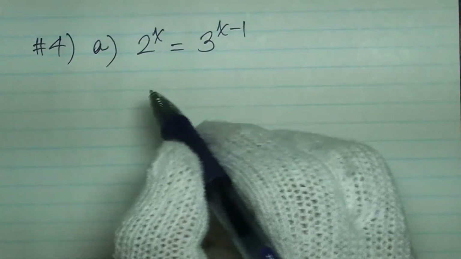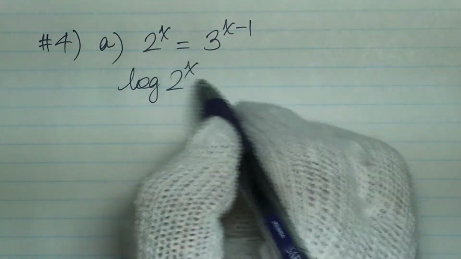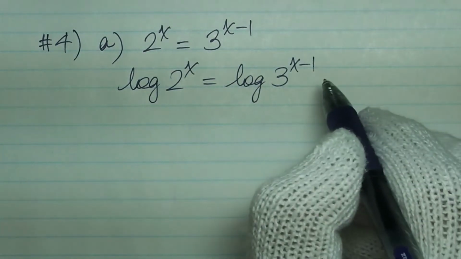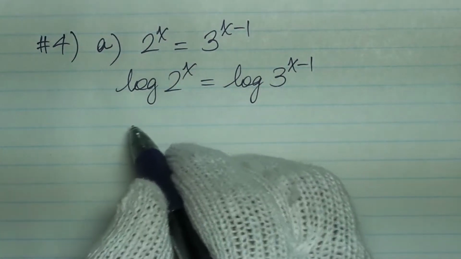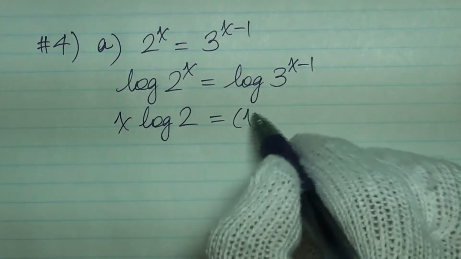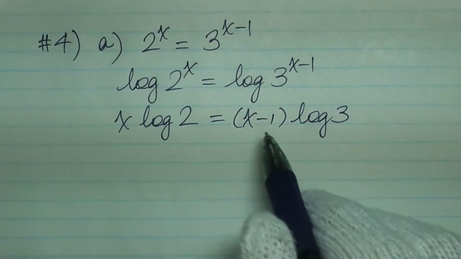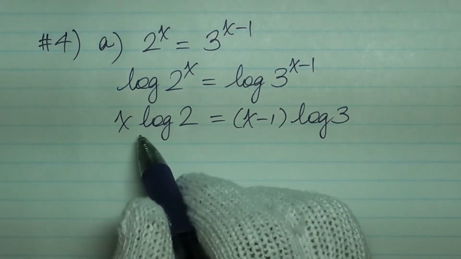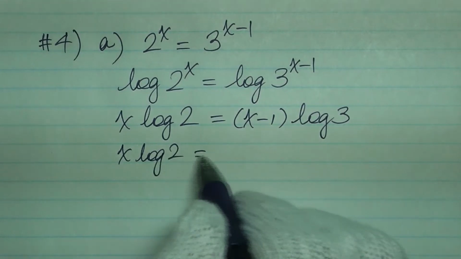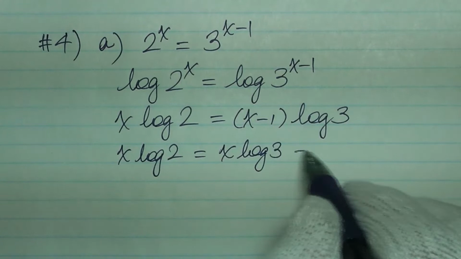So I want to solve. I'm going to take the log of both sides. It's going to give me x times log 2, x minus 1 times log 3. Expand this out. X times log 3 minus 1 times log 3.